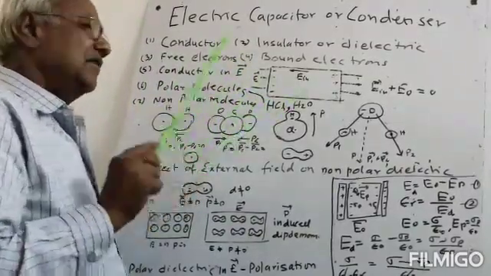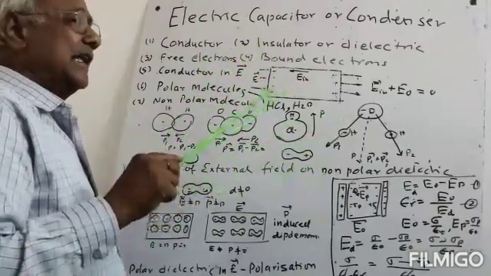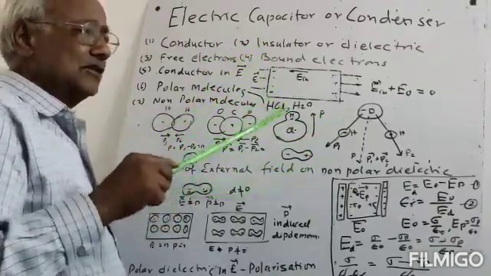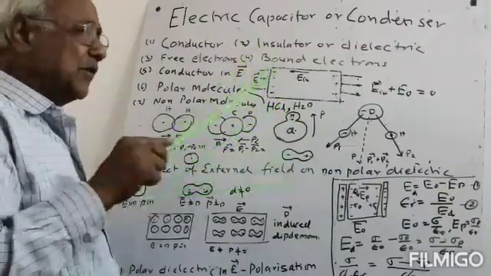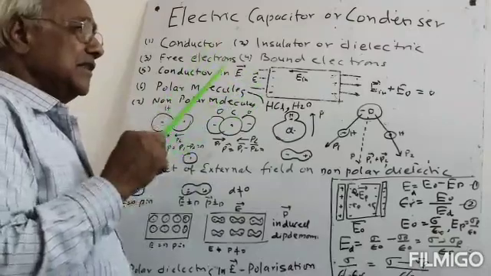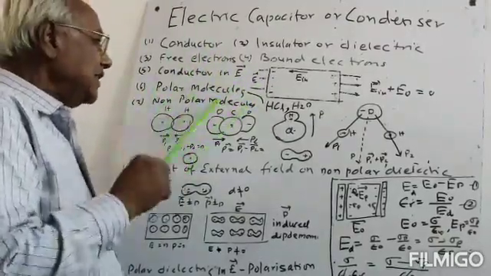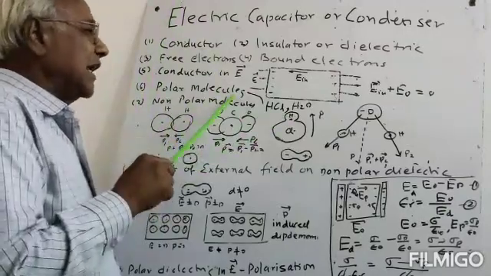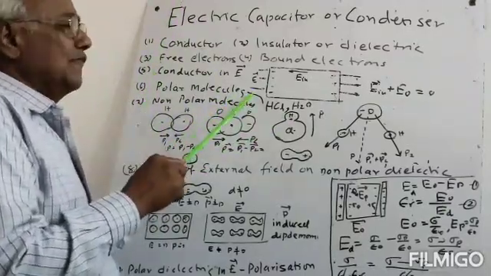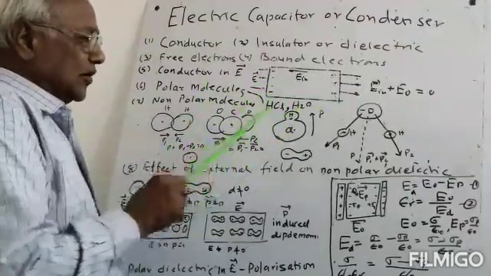So in a molecule there are atoms, and in atoms there are electrons and there is a nucleus. Nucleus is the positive charge and electron is the negative charge. If the center of positive charge does not coincide with the center of negative charge, then such molecules will be known as polar molecules. So we take the example of a polar molecule, the HCl molecule.